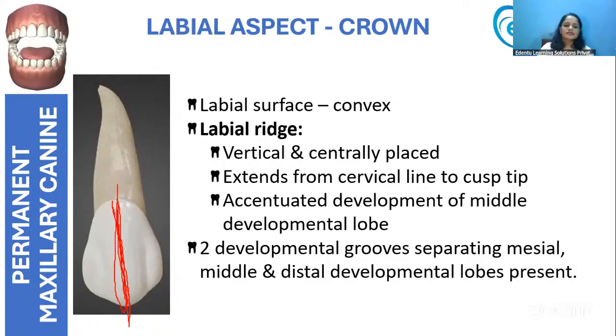Other than the labial ridge, at the point where the middle lobe and the mesial lobe separate, and the point where the middle lobe and the distal lobe separate, there will be small grooves in the incisal area like this. These two are the developmental grooves seen on the labial surface of the crown.